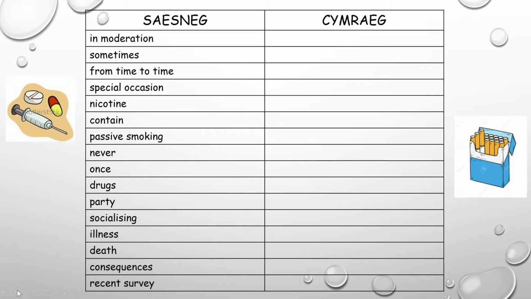Smoking is the verb, and passive is the adjective describing the type of smoking. So in Welsh, ysmygu is smoking, and the adjective, passive, is goddefol. So the Welsh translation of passive smoking is ysmygu goddefol.